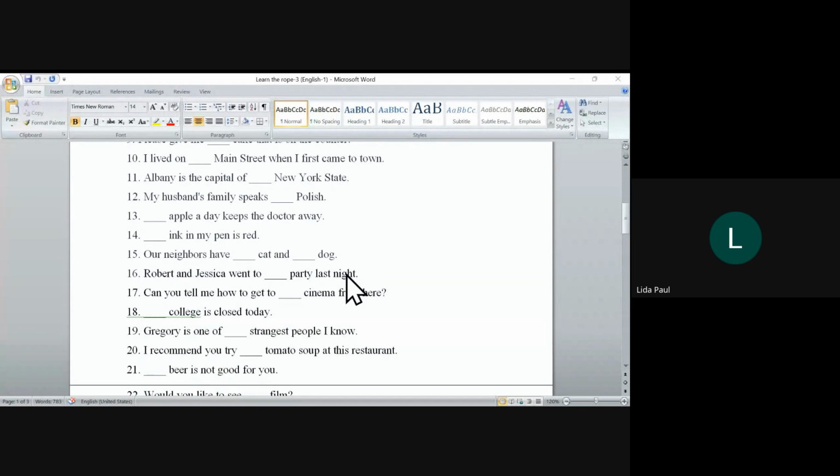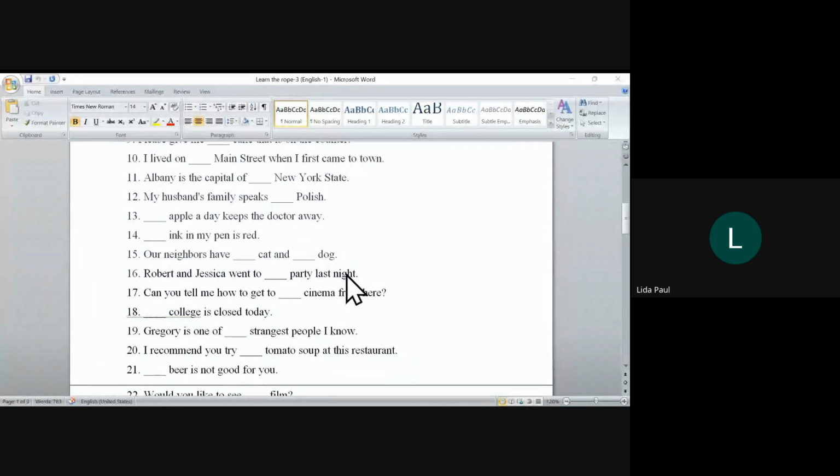The ink in my pen is red. Fifteenth one: our neighbors have dash cat and dash dog. Our neighbors have a cat and a dog. Nothing specific. You're simply saying that they have both a cat and a dog, and since both are countable entities, it is important that you use the article a with them. A cat and a dog.